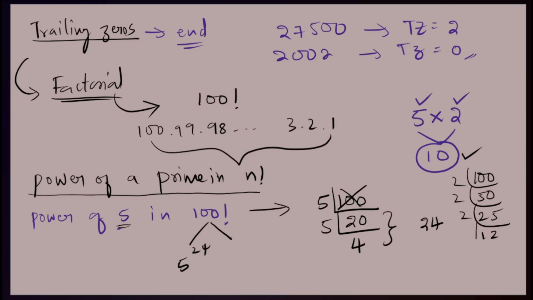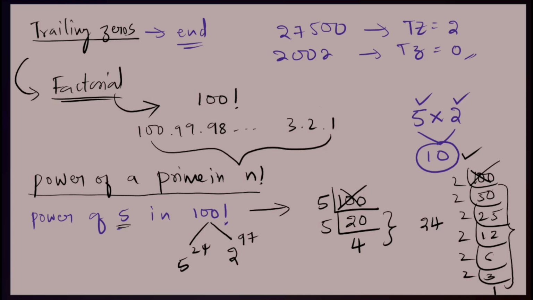Forget about the remainder. 2 6s are 12, 2 3s are 6, and 2 1s are 2. Forget about the remainder and add these all: 50, 75, 87, 90, 96, and 97. So the power of 2 is 97.